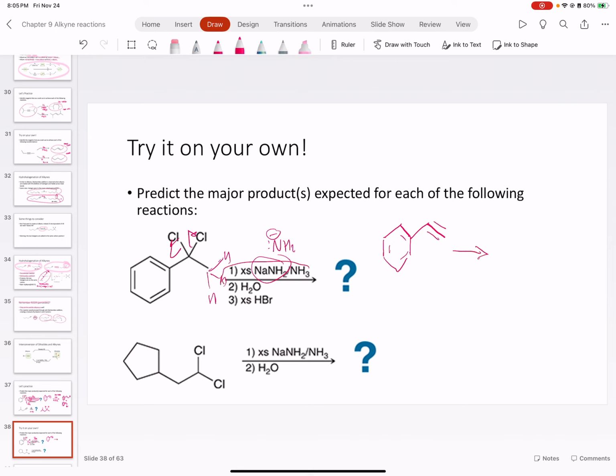So this is a whole reaction together. Then we have this as our next step, which is excess hydrogen bromide, and we know we're going to be adding bromines. Since we have excess, we have 2 bromines that are going to be added on the more substituted side.